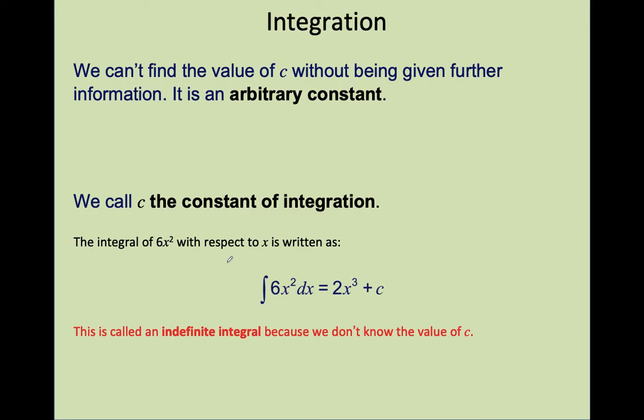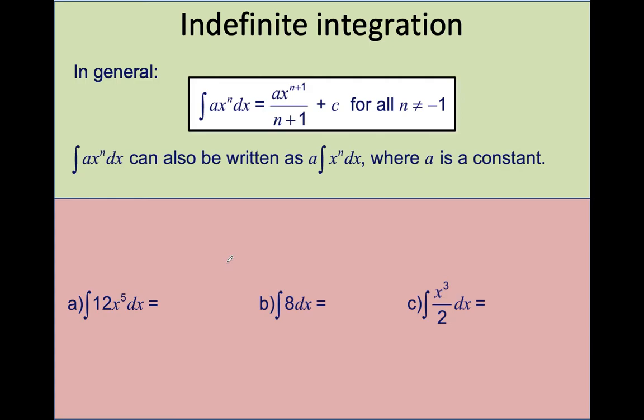This is just what I've gone over, c being an arbitrary constant. So this is the general rule which will be given to you in the exams. However, I would just remember how it works. We need to add 1 to the power and then divide by the new power. This is how it works. So let's do this for the first example.